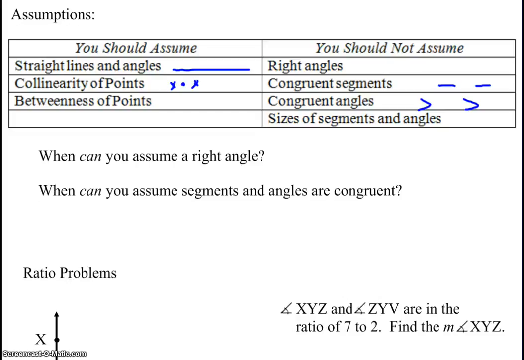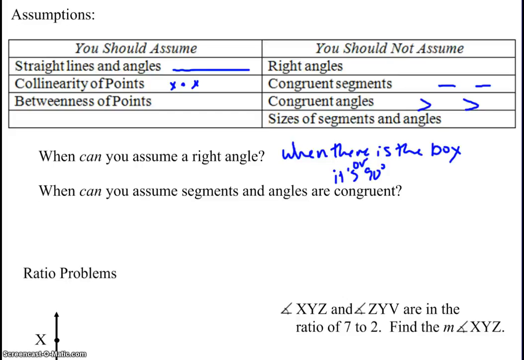So when can you assume a right angle? Practically never. Well, you can assume it when there's a box. When they've drawn in the box for you, you can assume that's a right angle. Or if they tell you it's 90 degrees, then you know it has to be a right angle, obviously. That's the definition of a right angle. When can you assume segments and angles are congruent?